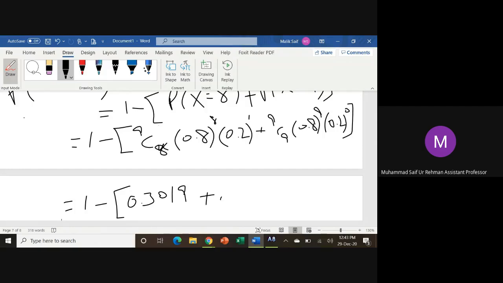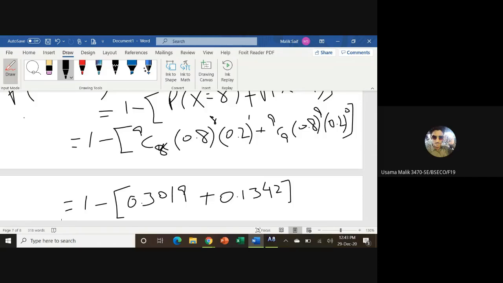So it is 0.1342. So now add it to 0.3019 and now subtract it from 1.